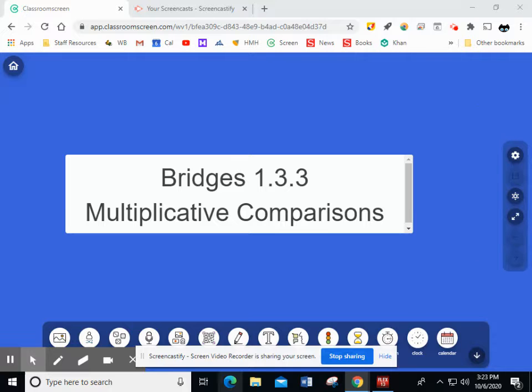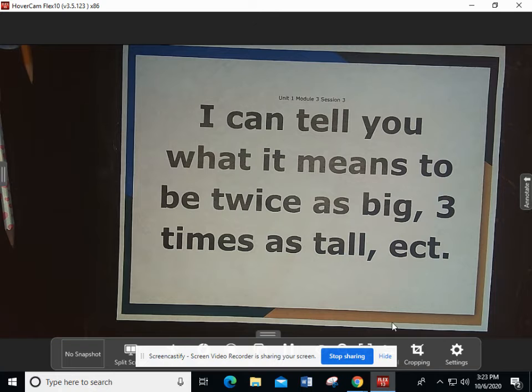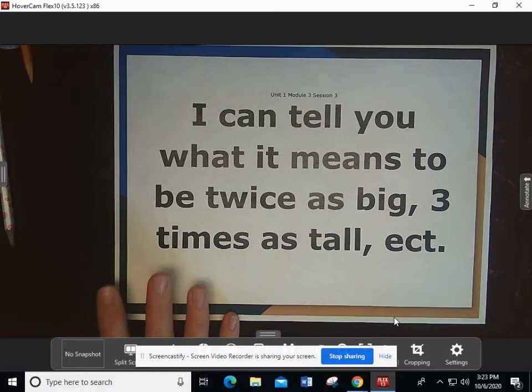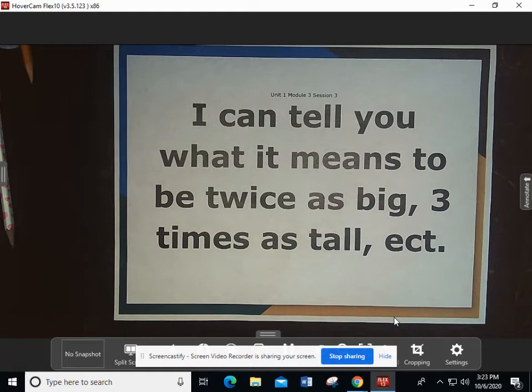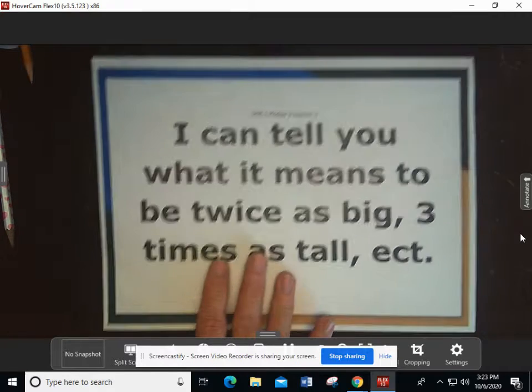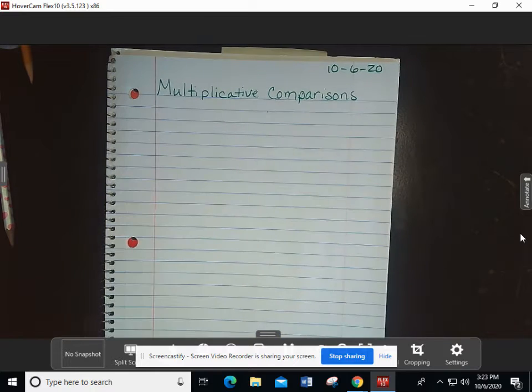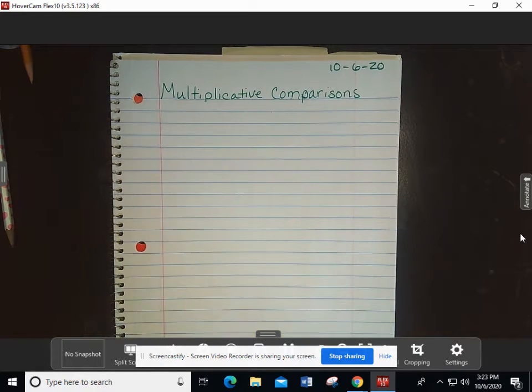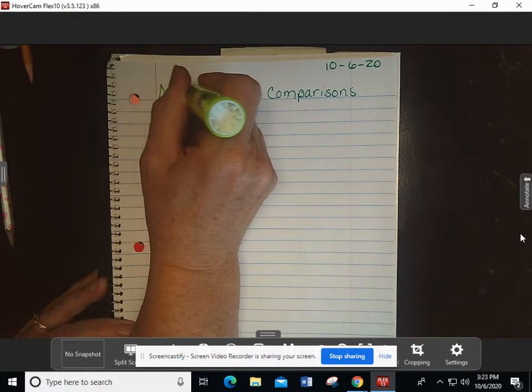So getting into what we're studying today, I can tell you what it means to be twice as big, three times as tall, and other phrases like that. So remember I said that we'll talk about what these words mean. Looking at this word multiplicative, you can see the word multiply in here.